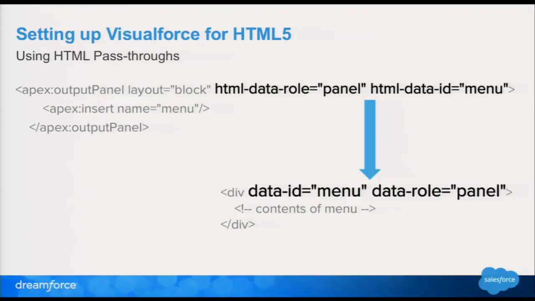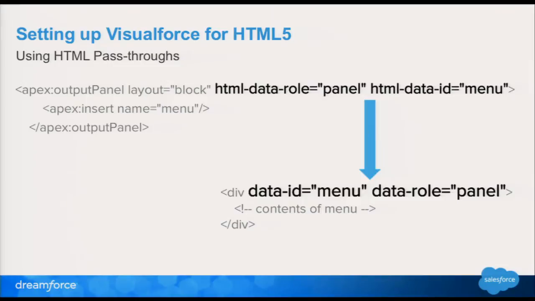Like you could put an ID field into this that actually is separate from how we're going to bind it down from Visualforce. And back in the day, Visualforce was extremely persnickety about the kinds of things that you could throw into the component. And to be honest, it still is. But now, if you do HTML dash, it assumes what you're trying to do is an HTML5 attribute pass-through.